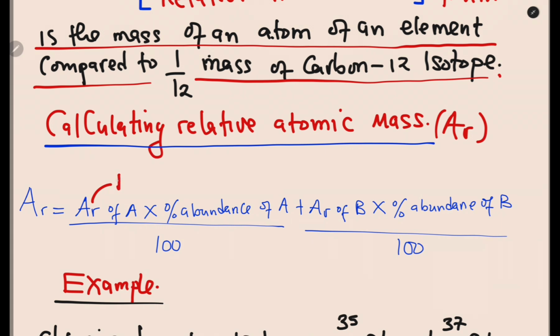So you're saying relative atomic mass of A multiplied by percentage abundance of A, the whole of this divided by 100, then plus, if there are 2, relative atomic mass of B, which means the second one, multiplied by the abundance of B, divided by 100.